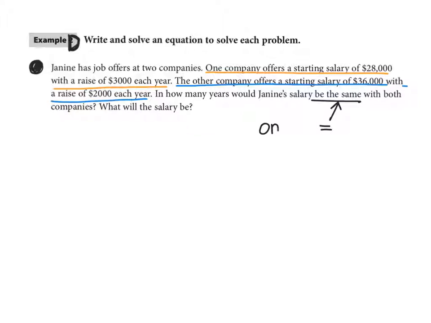That means when will one company equal the other company? So that means we need to write expressions for each one and set them equal to each other. So for the orange one, when I go back and read, they give me a starting salary of $28,000 with a raise. Okay, so raise tells me I'm going to be adding $3,000 each year.